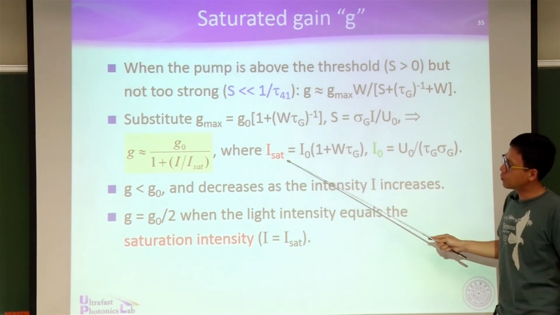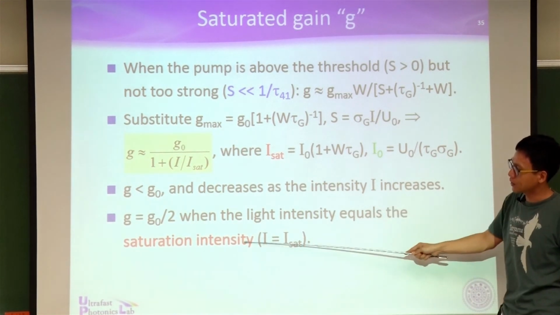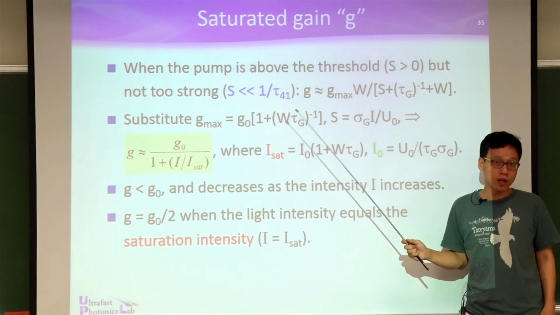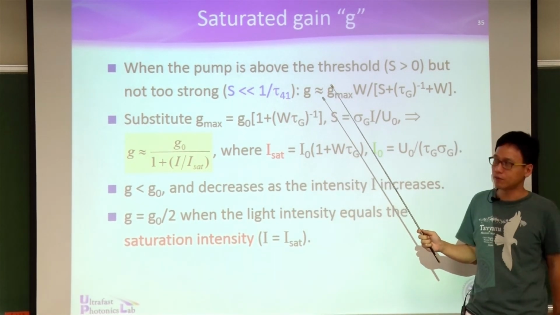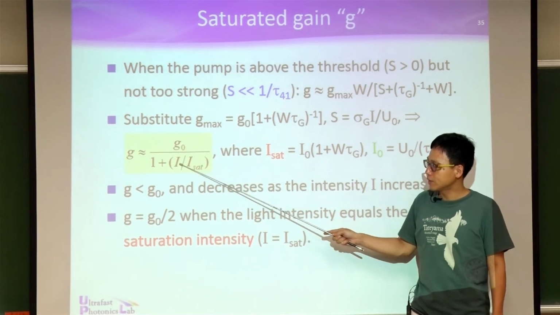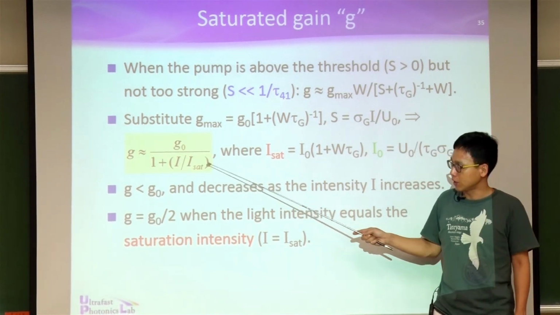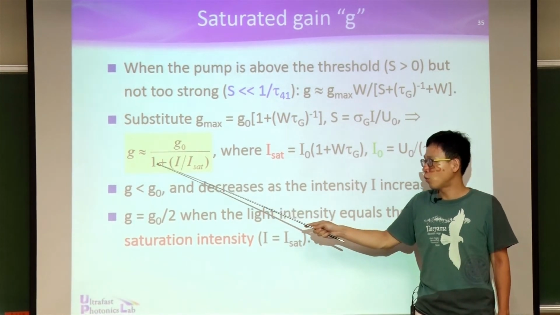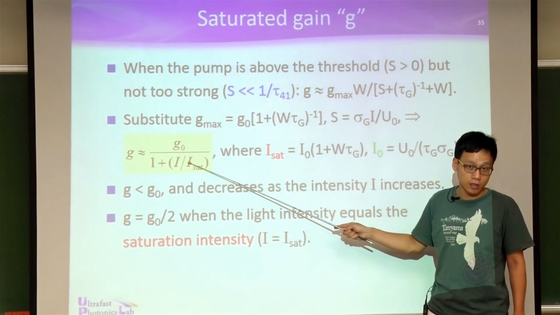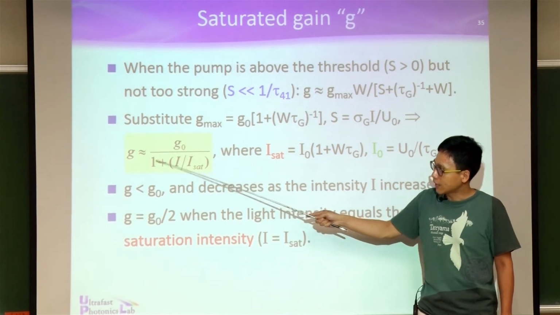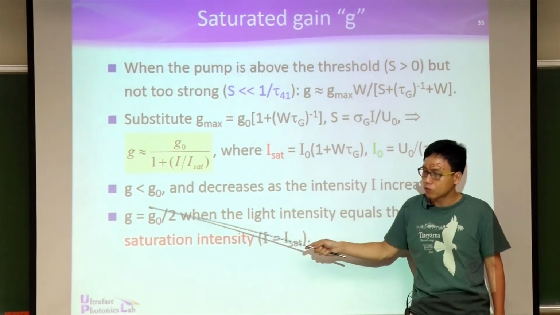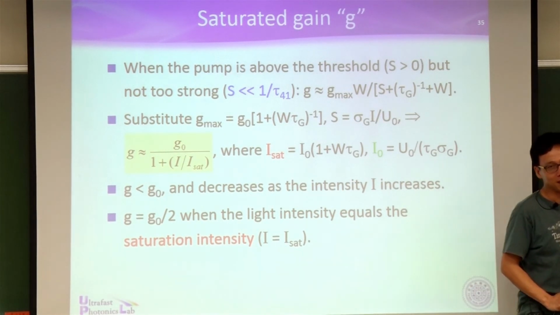And the meaning of saturation intensity is this: when the light intensity inside the cavity, the intracavity intensity, equals the saturation intensity, you get 1 plus 1 in the denominator, right? In that case, your saturated gain is 50% of your small signal gain.